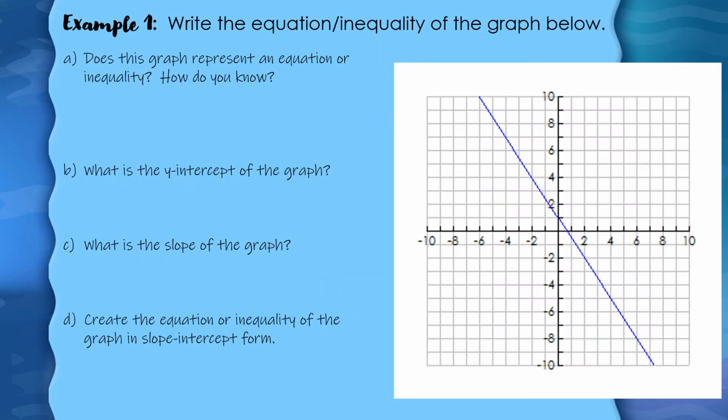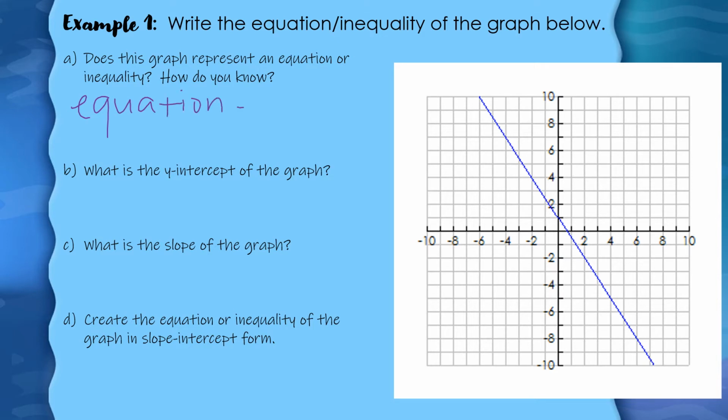So example 1, we're going to look at this graph and write either the equation or the inequality. The first thing that we're going to need to determine is, is it an equation or is it an inequality, and how do you know? So the telling factor is, is there shading? Since there's no shading here, then we know that this represents an equation.